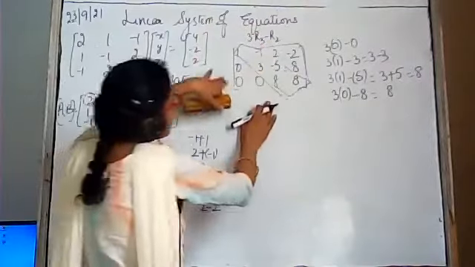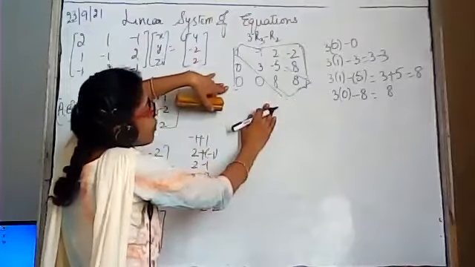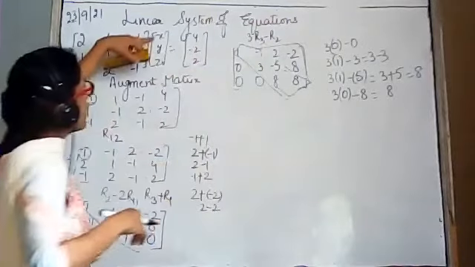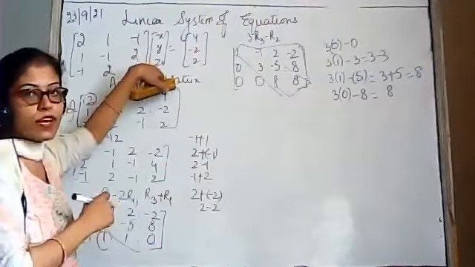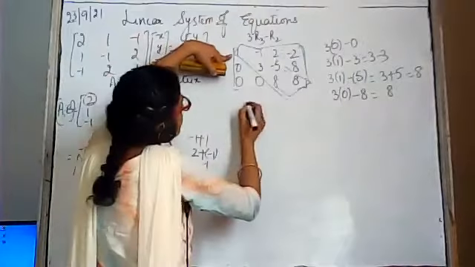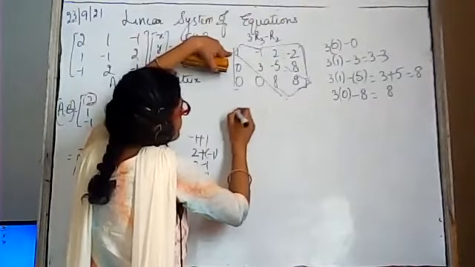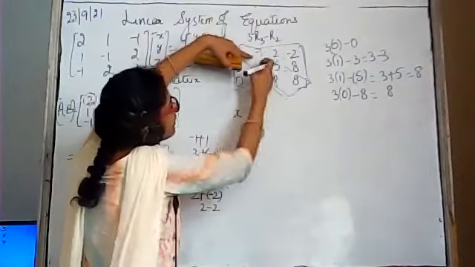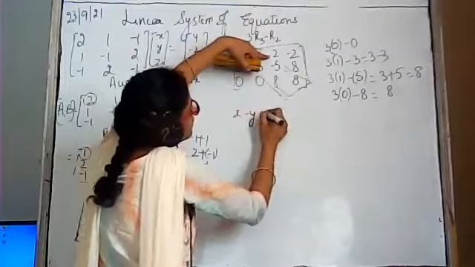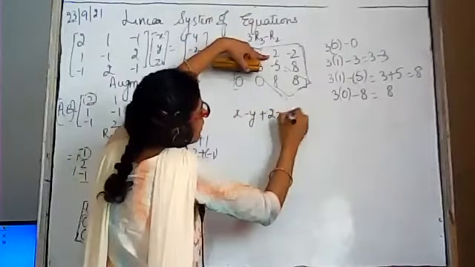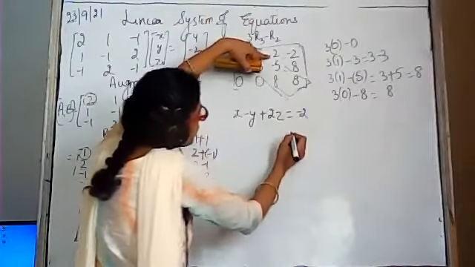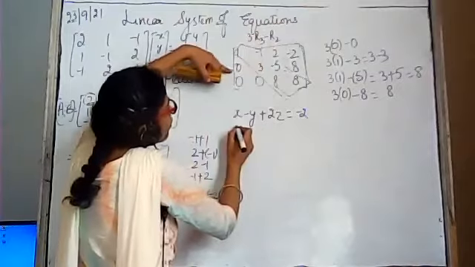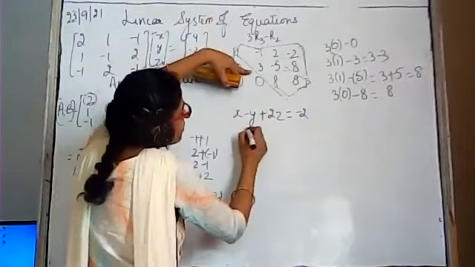After that, we write this matrix in the form of equations again. We are having 3 unknowns, that is x, y, and z. This is the coefficient of x, this is the coefficient of y, and this is the coefficient of z, equals -2. This is the right hand side. Now the coefficient of x is 0 and the coefficient of y is 3.